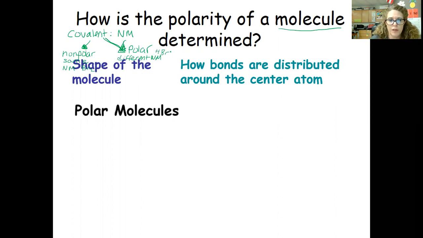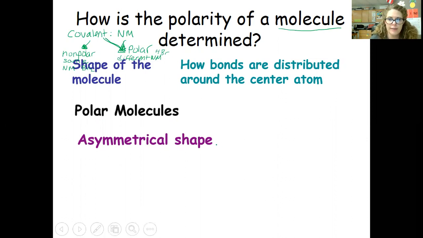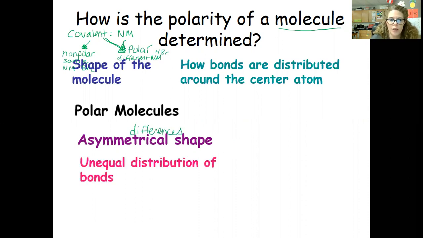Polar molecules have an asymmetrical shape. What does asymmetrical mean? It means not symmetrical. If you're looking at lines of symmetry, there are going to be differences. So polar means different and unequal, an unequal distribution of bonds.